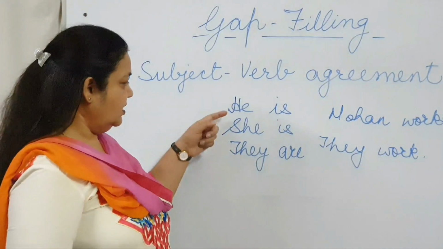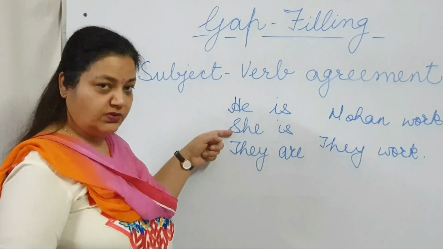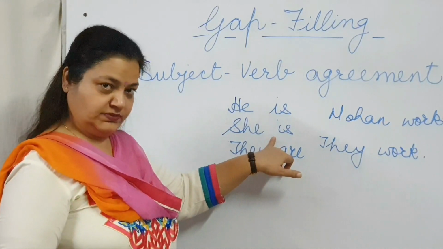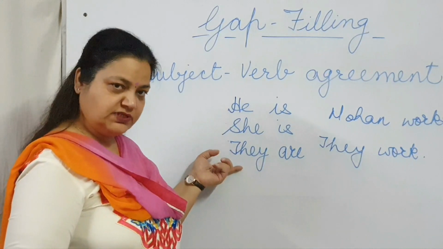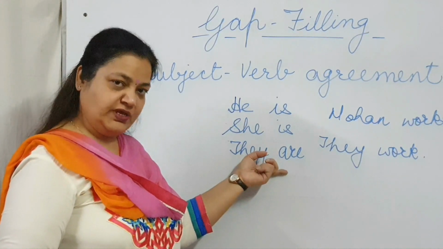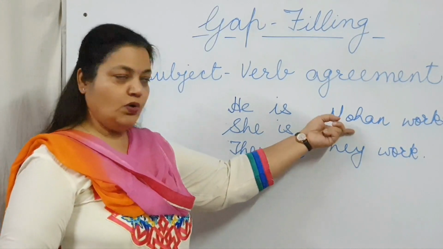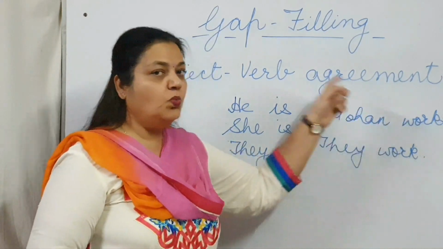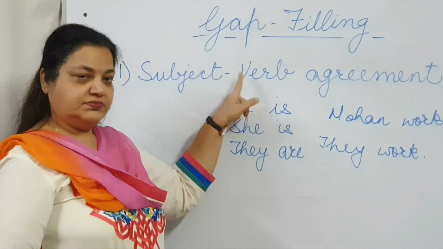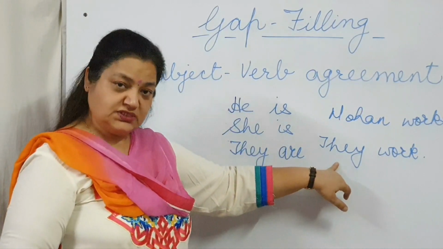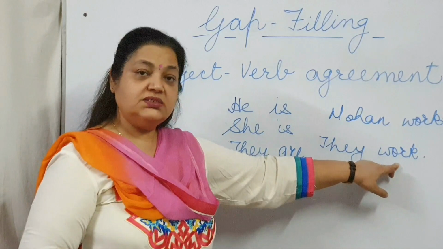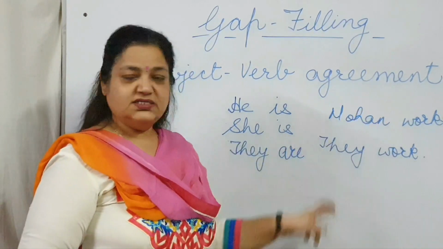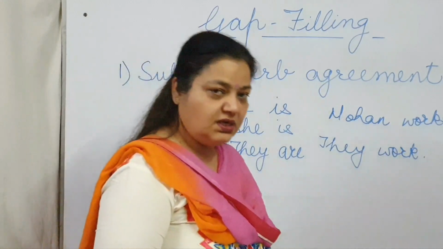Here you see he, she, singular subjects taking singular auxiliary verb. They, plural subject taking plural helping verb. Mohan, singular subject taking works as plural verb. Then they, plural subject taking work singular verb. So this is what the subject verb agreement that I was saying.